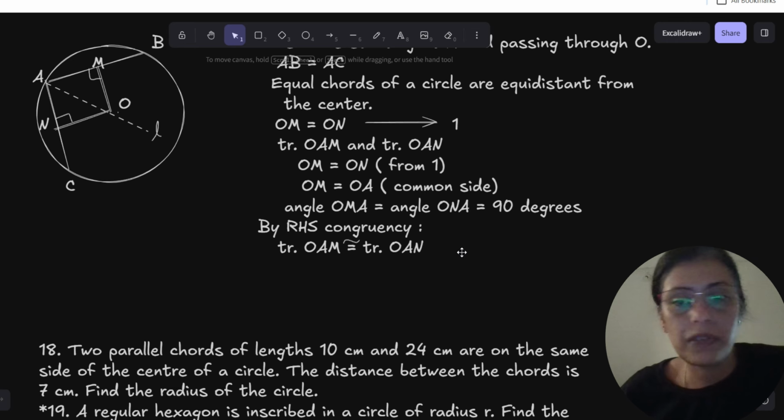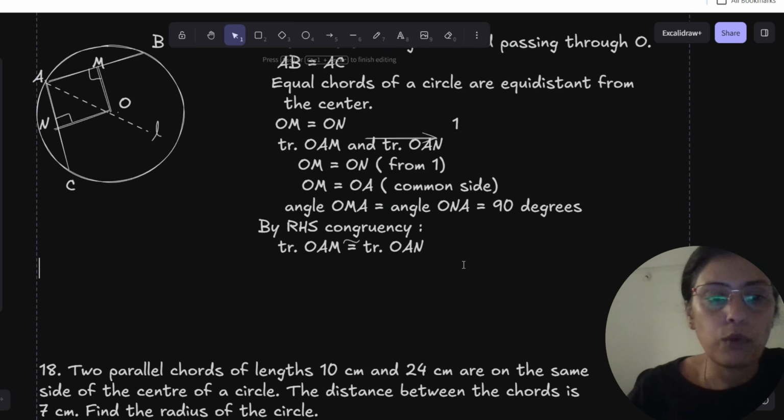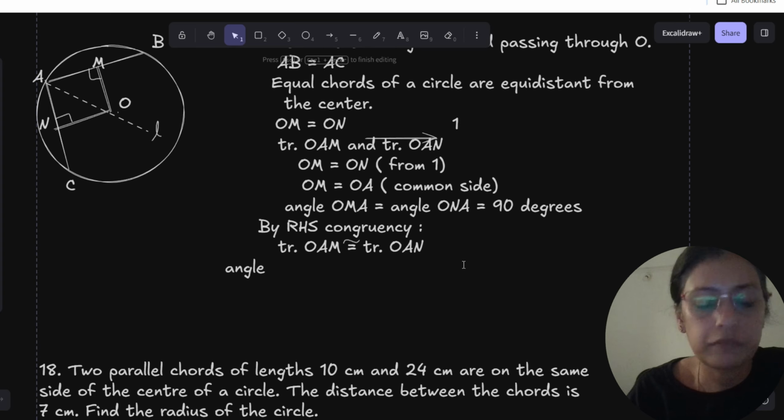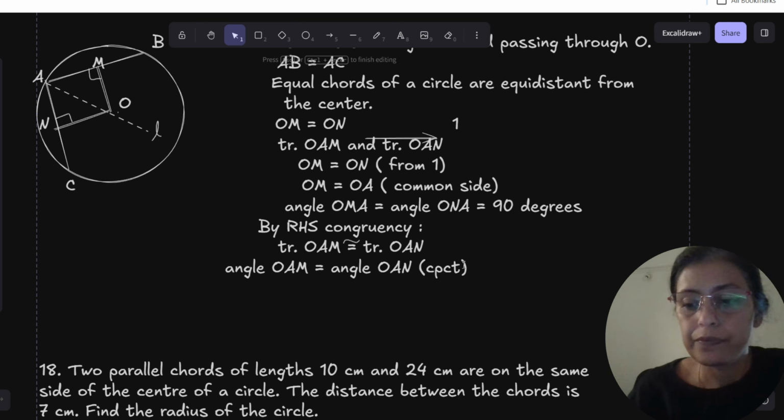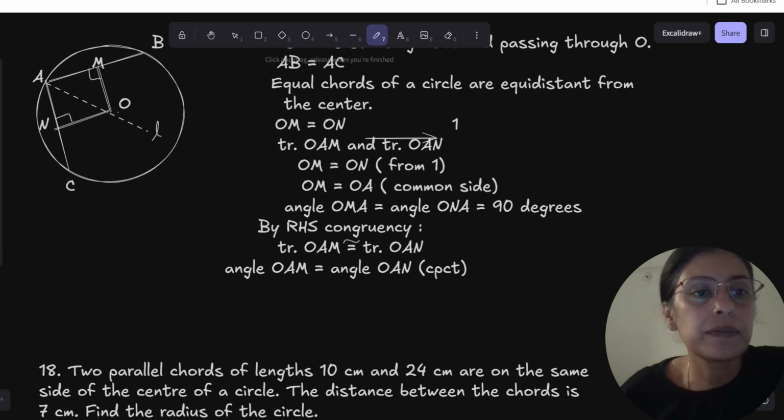Yes, done. So now what we can say is angle OAM is equal to angle OAN, corresponding parts of congruent triangles. So this is equal to this, right?